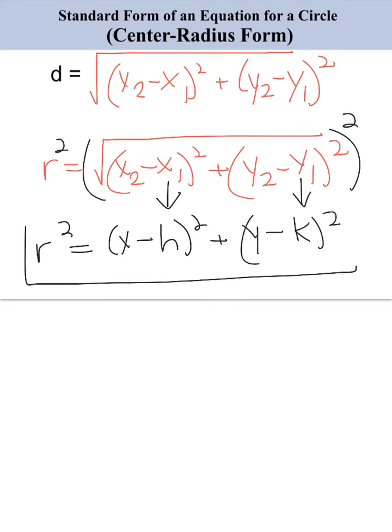And here we have the center-radius form for a circle. That's how we derived this equation. It stems from the distance formula.